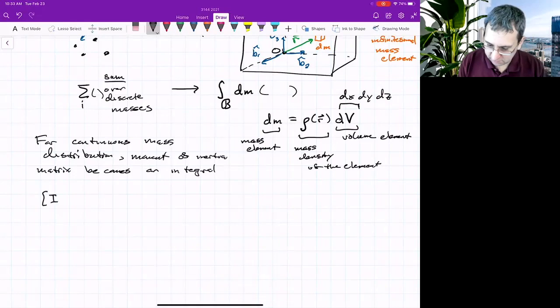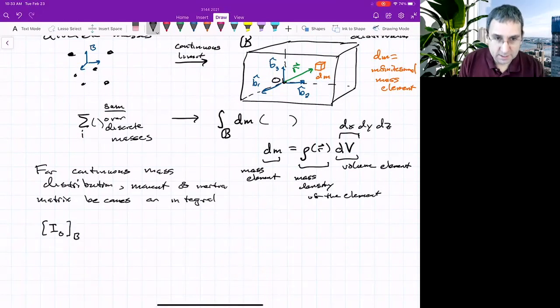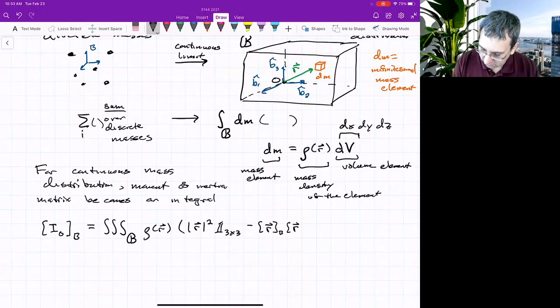So if we were to write, say, the moment of inertia for some body about point O, in the body fixed frame, this would be, I'm going to write it as a triple integral because it's volume, so 3 dimensions, of, and I'm using little r to write things with respect to O, the 3 by 3 identity minus r times r transpose, and then dx, dy, dz.